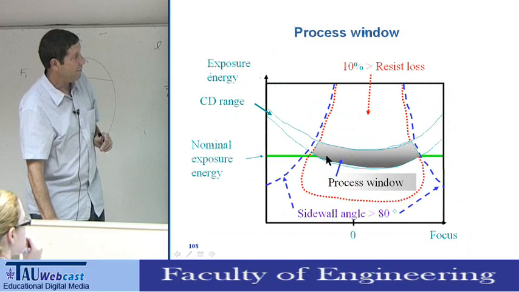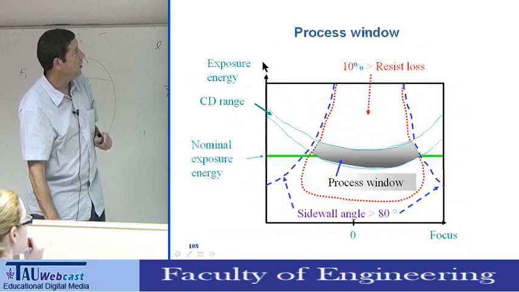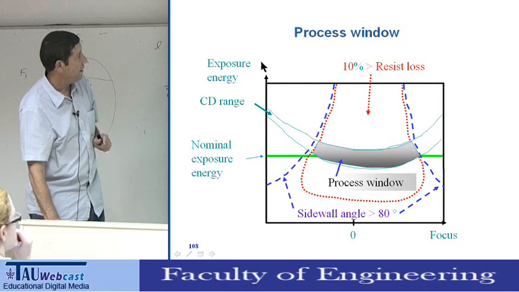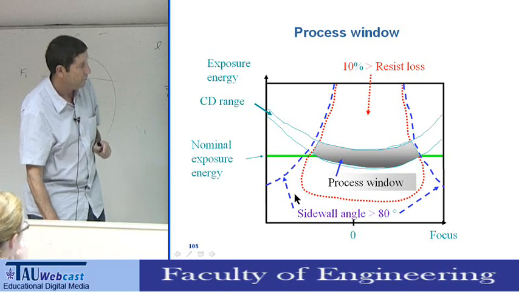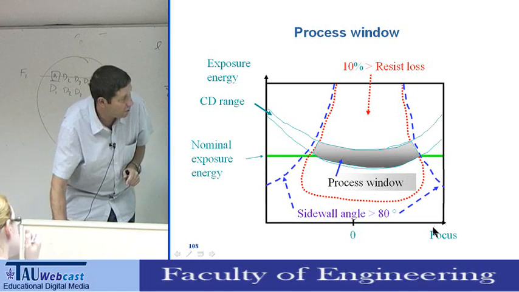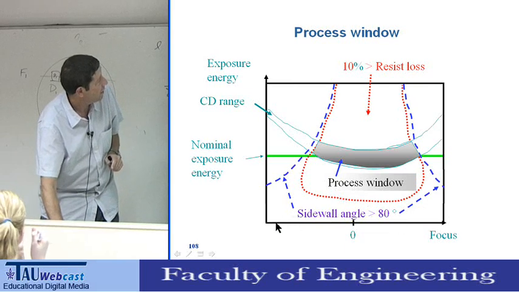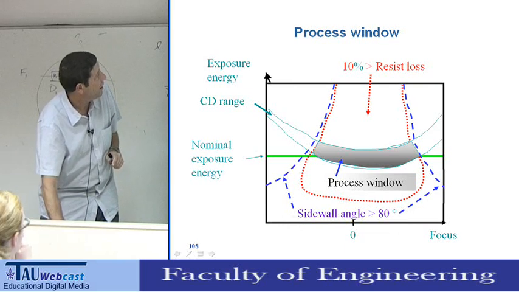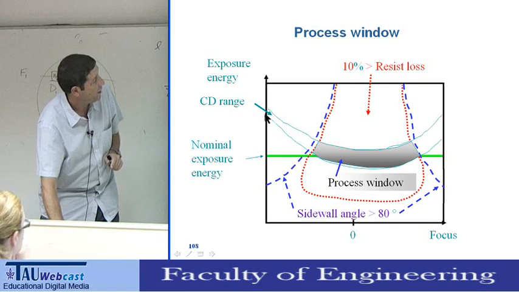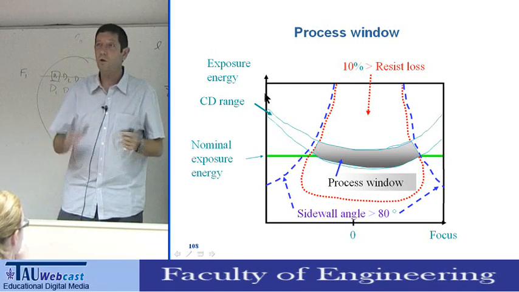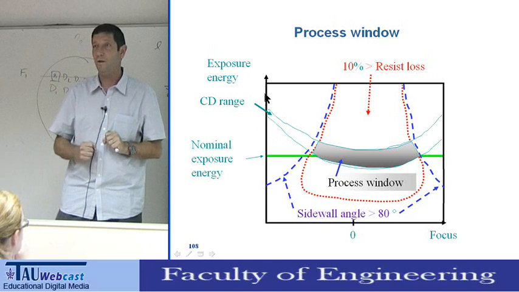But it's much more complicated, because I can also plot another plot, and this is the focus. This line is the focus, and this is now the exposure energy. And I plot here contours of a fixed line width.